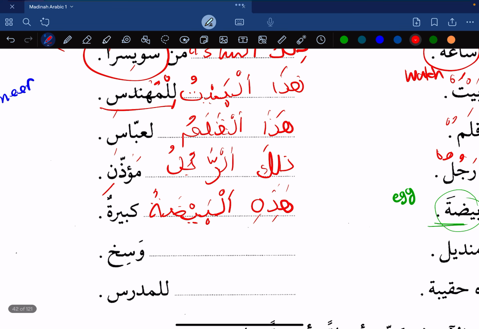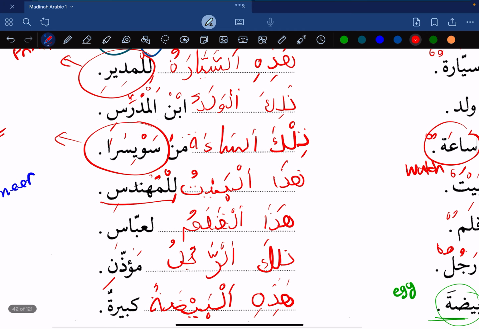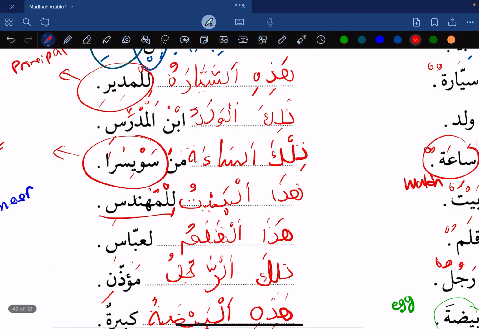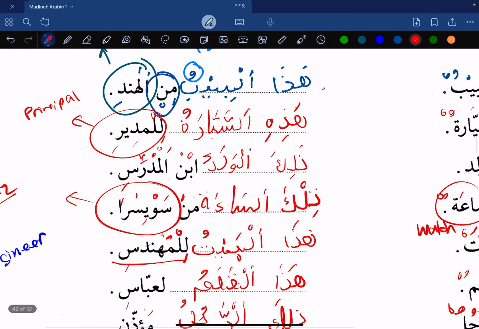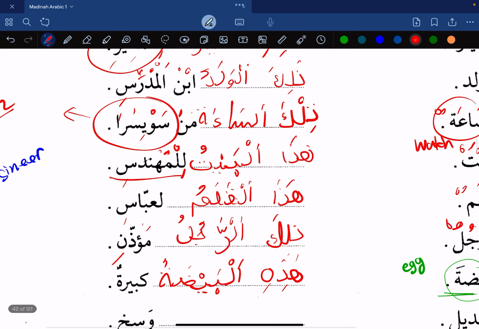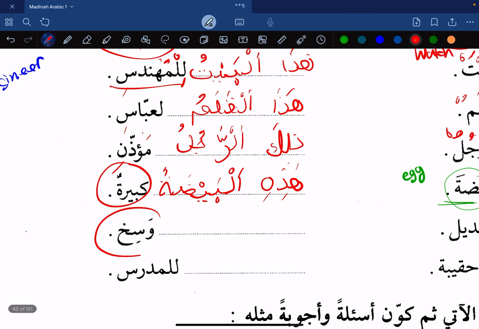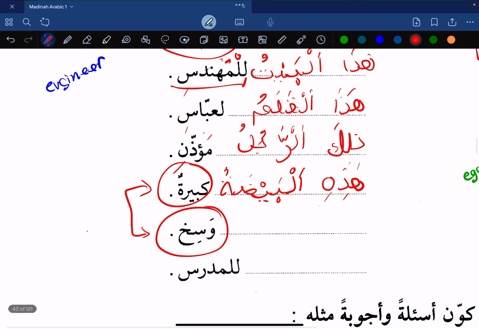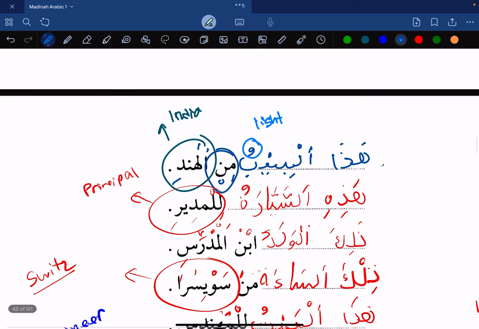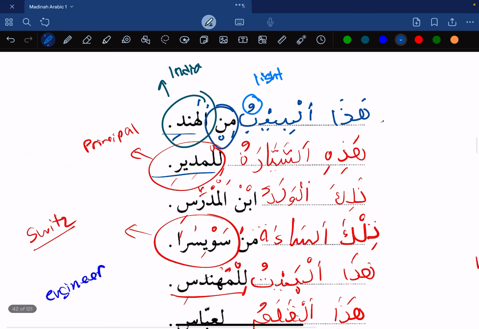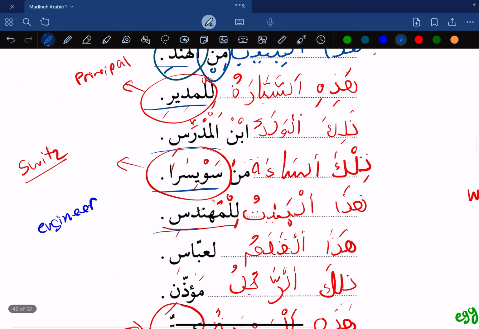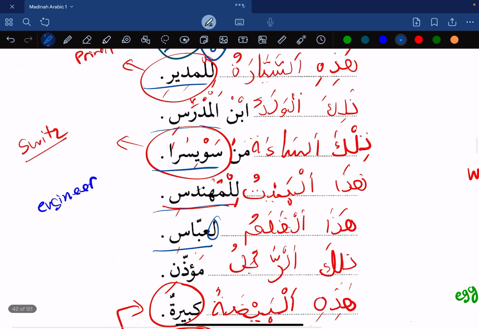Okay, so the thing is, all these words here we saw, they were nouns. They were actually nouns if you look at it. Kabira, we're gonna come to this a little bit later, and these two words are gonna be a little exception here, because all these words, if you notice, Hind, Mudir, Mudarris, Suisa, Muhandis, Abbas, forget that lam there.